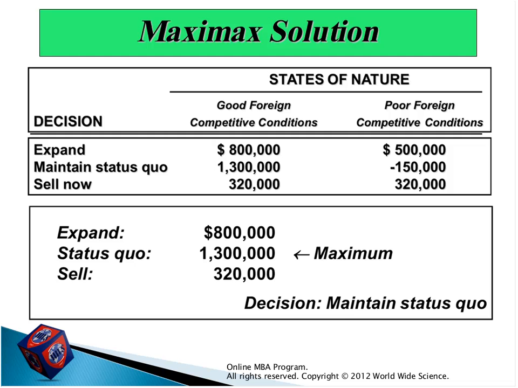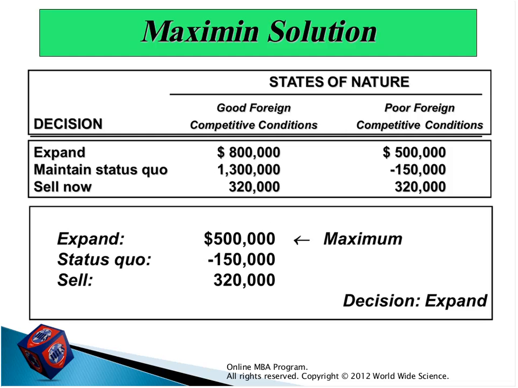Maximin tells you at first you should take the maximum of minimums. It means at first you should determine minimums for each decision. For expand, the minimum number is 500,000, so in front of expand, in the last table, you write 500,000. For maintain, minus 150,000 was the minimum.